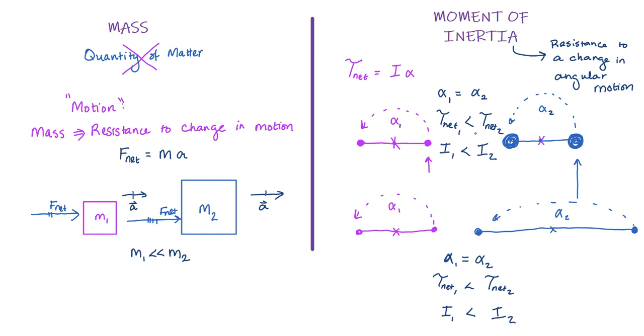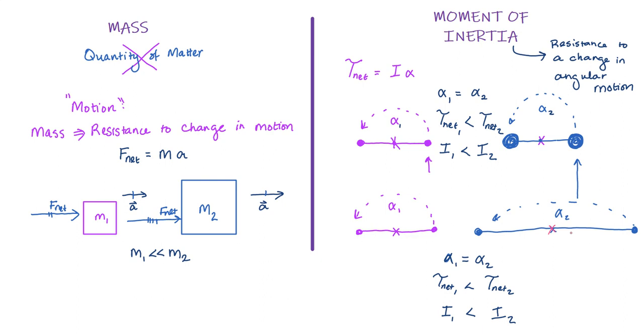If I told you both of these situations were true, what you would hopefully deduce is that it's not only mass that makes resistance to rotation, but also position from the axis of rotation. So it's not only the mass that's causing a resistance to the change, it's also the position.